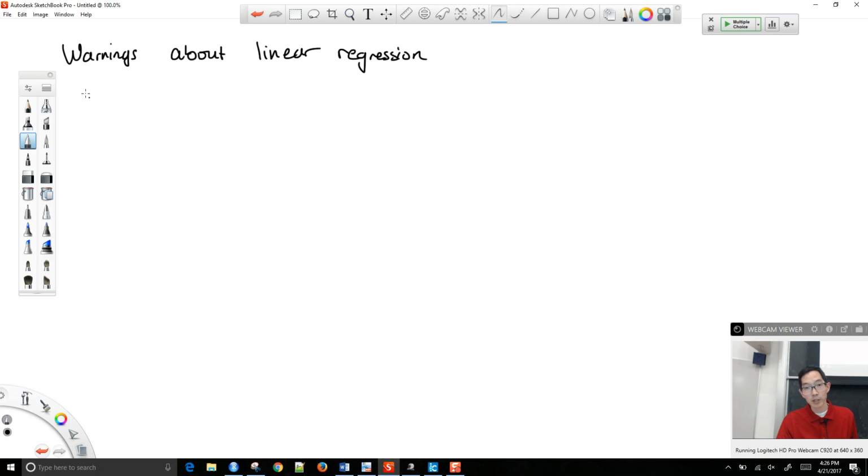Okay, so number one: just because a linear regression exists does not mean that there's a cause and effect relationship. I know I said this before, but it's worth noting again.